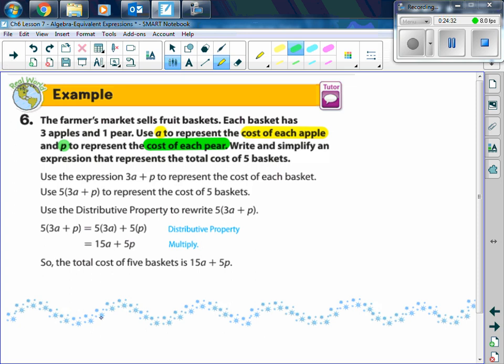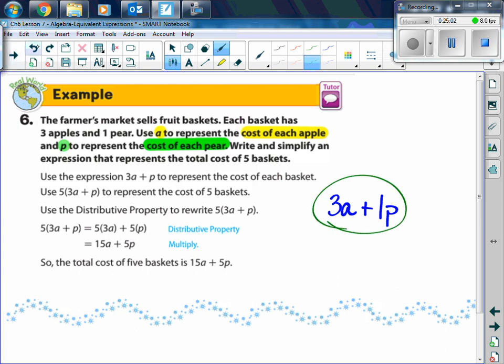So first we can figure out how much it's going to cost for the fruit in 1 basket, because we know that there are 3 apples and there's 1 pear. You don't have to write the 1, but I just wanted to show you that that's 1 pear. And this right here is the expression for the cost of 1 basket.